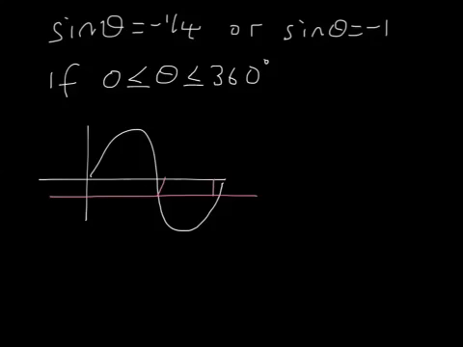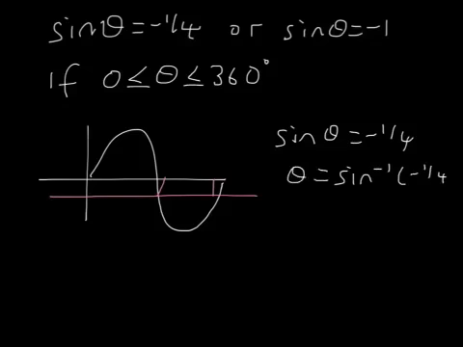If we use the calculator, for sine theta is minus a quarter, theta is inverse sine of minus a quarter, then we get minus 14.5 degrees. So that means this point here is at minus 14.5.